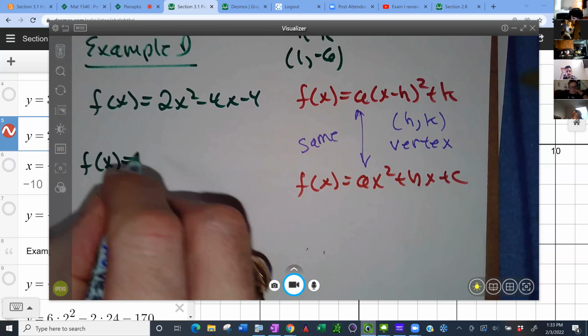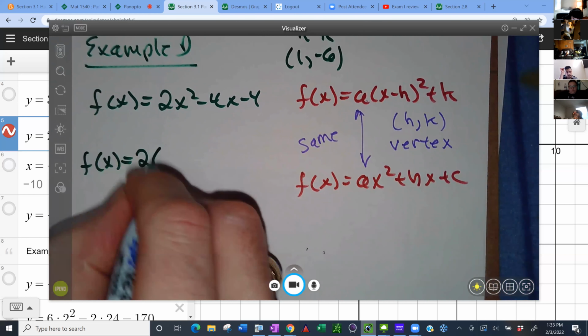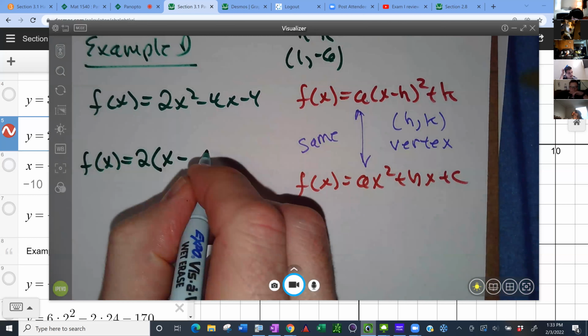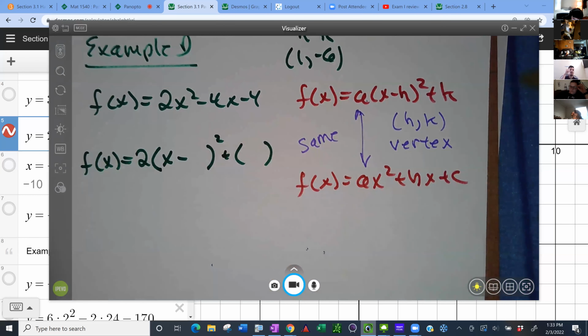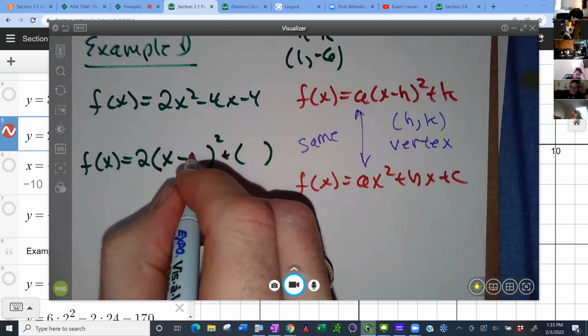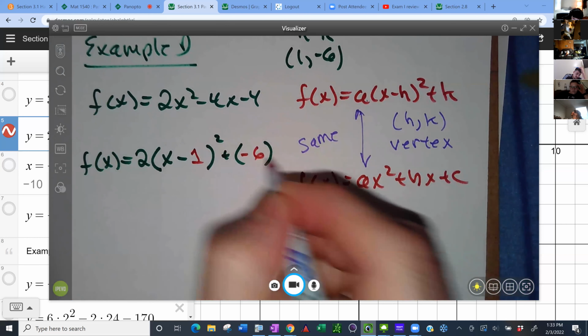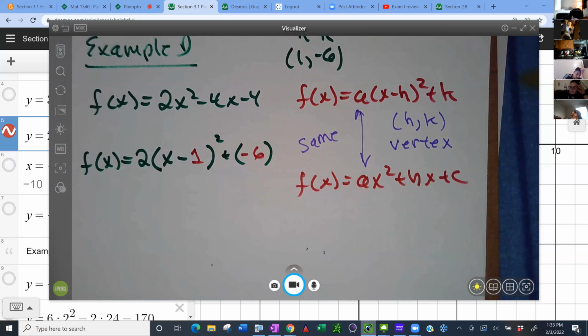So that means I can write this as 2 times (x minus h) squared plus k, and that's going to be a 1 and a -6. Done. All that work that we did for completing the square in the last example got a lot simpler.